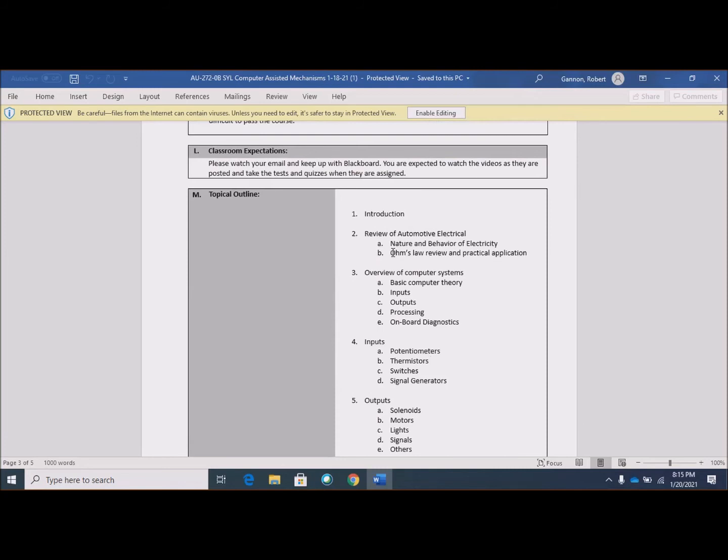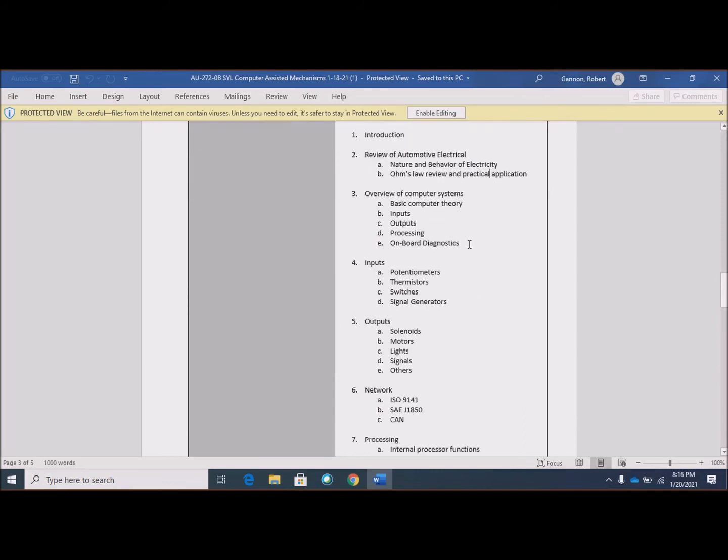A Dodge Ram or a Ram truck Volt. A Volt on a Subaru is the same as a Volt on a Ford. So we don't have to cover this over and over again. We're just going to do a basic review of electricity. And then basic computer theory, inputs, outputs, processing, onboard diagnostics. This is the 1,000-foot view of computer systems.